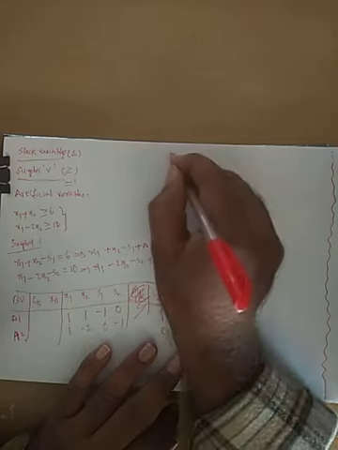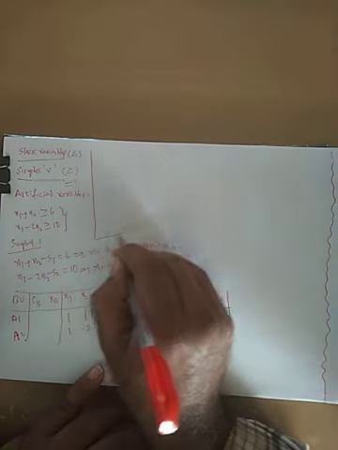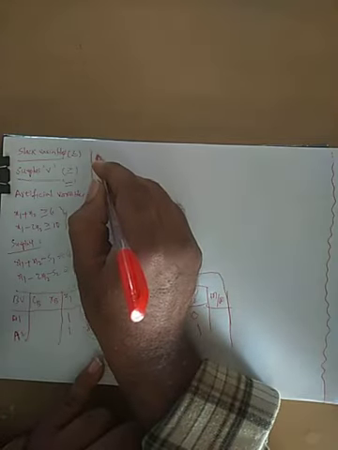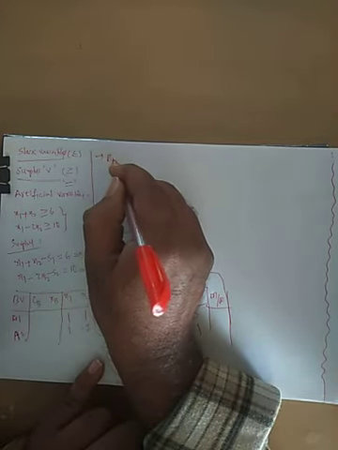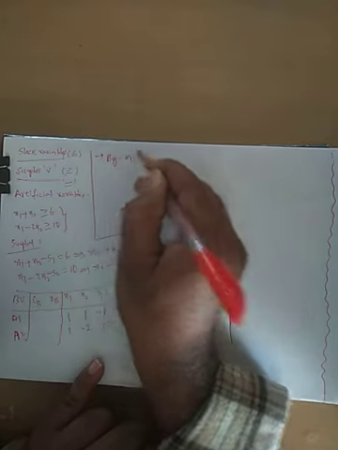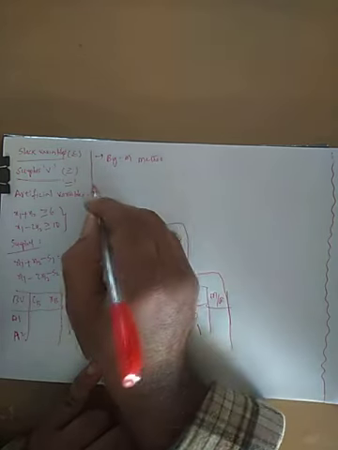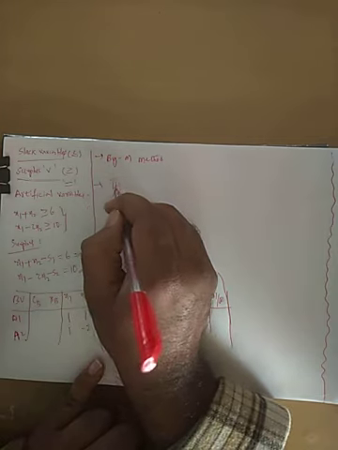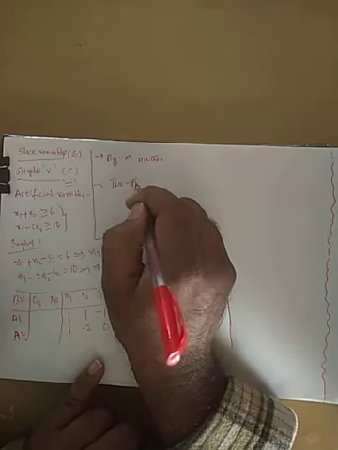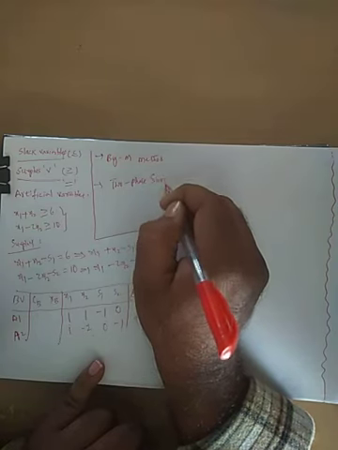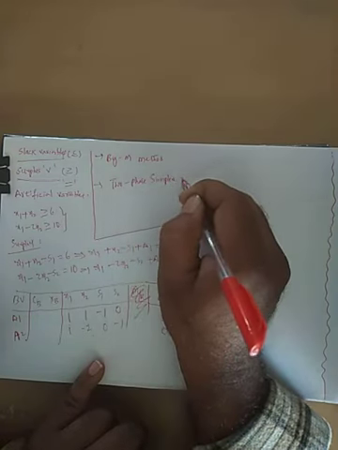Whenever artificial variables are involved, to solve such problems there are two methods. One is called the big M method. The second one is called the two-phase simplex method.